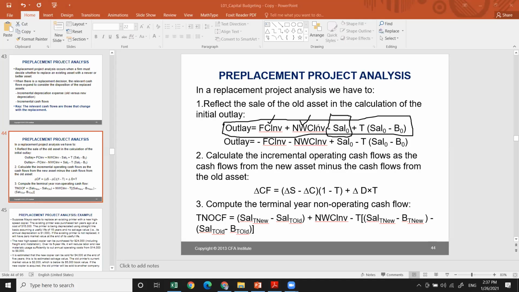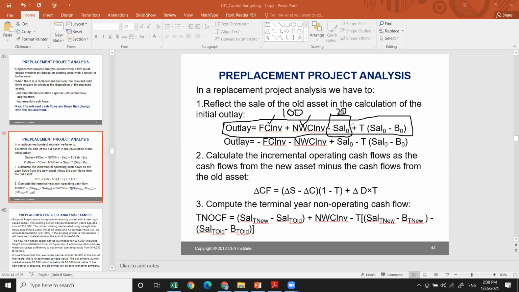When we use the new equipment to replace the old one, we need to do something with the old one. We sell it, and the money we receive we just remove from the investment cost. If this was 100,000, let's say, and the old equipment sold for 20,000, then 100 minus 20, which means we didn't incur an investment cost of 100; the net investment cost would be 80.